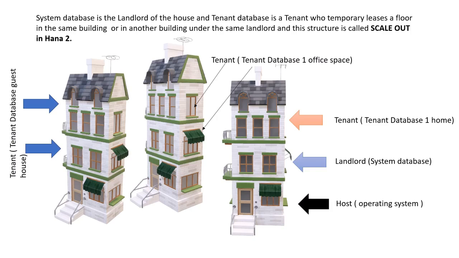Where do we use scale up and where do we use scale out? Scale up we use in such kind of environment where, suppose, we have one system database, one tenant database, the operations are restricted, and there are a few jobs which run on that tenant database and utilize a lot of resources, or there is an increase in the user base.